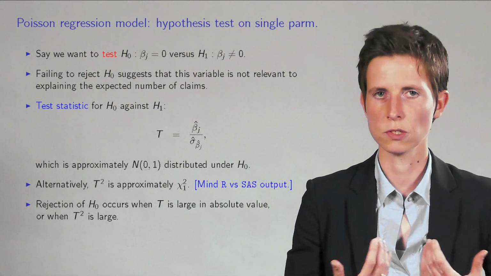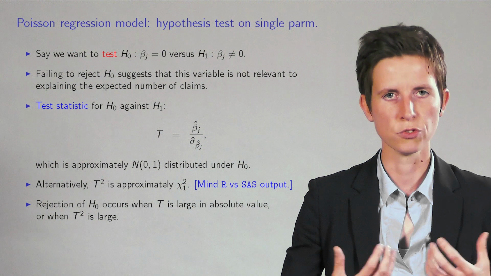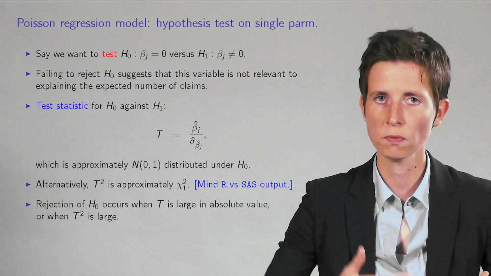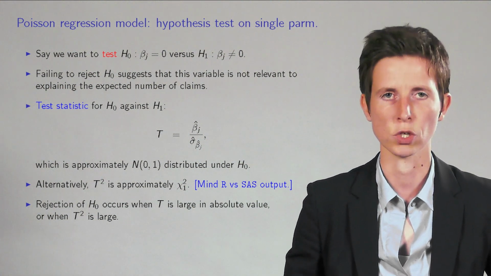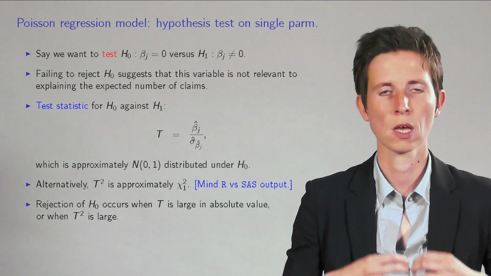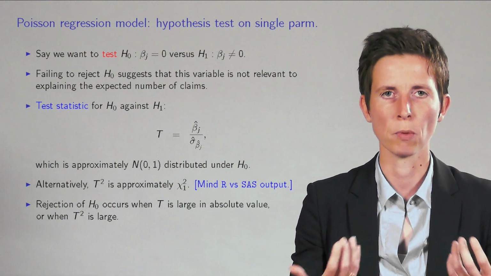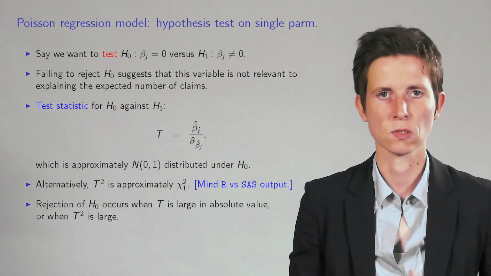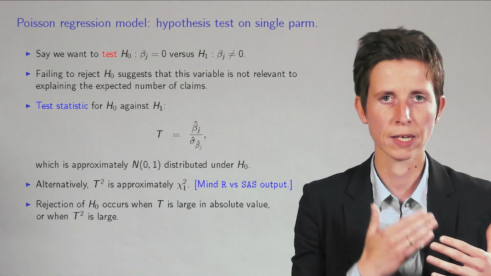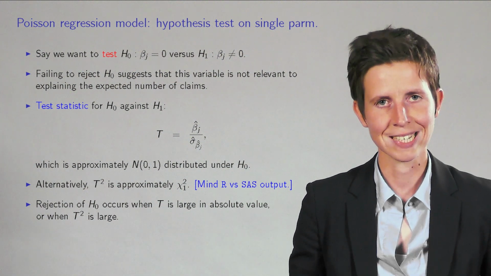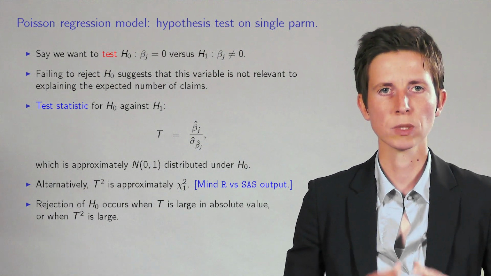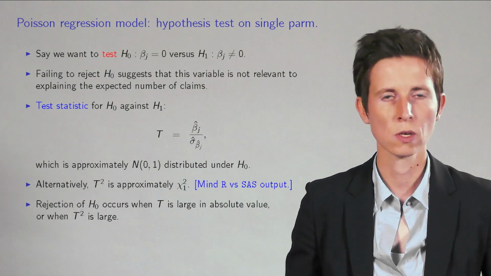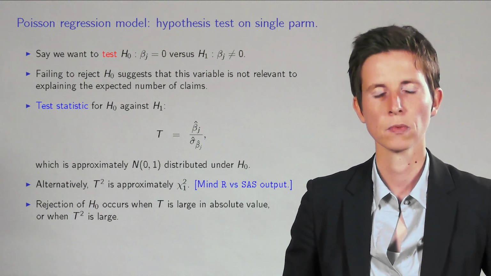Failing to reject this null hypothesis would suggest that this variable corresponding to regression parameter beta j is not relevant when explaining the expected number of claims. We're going to use the following test statistic, denoted with capital T. This test statistic is approximately standard normally distributed under the null hypothesis.